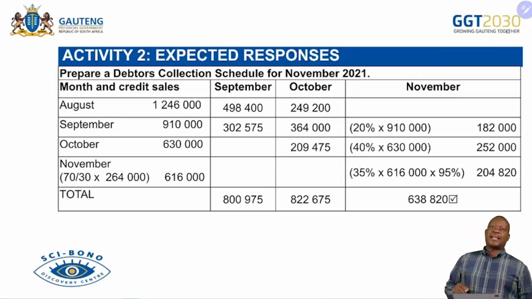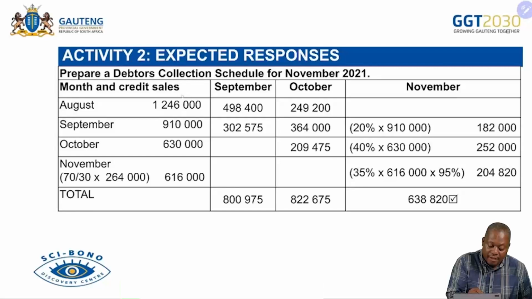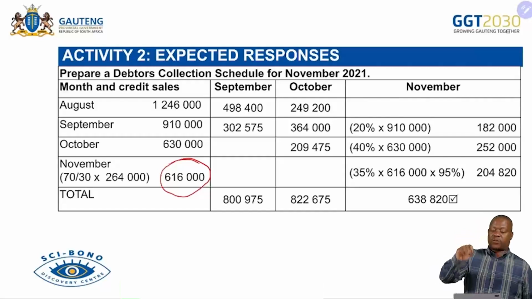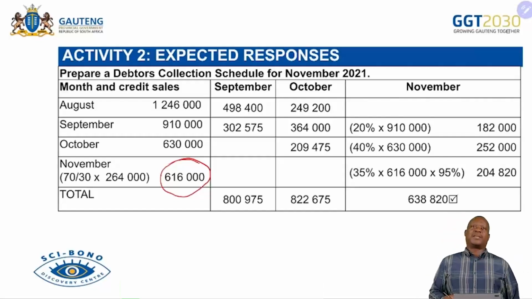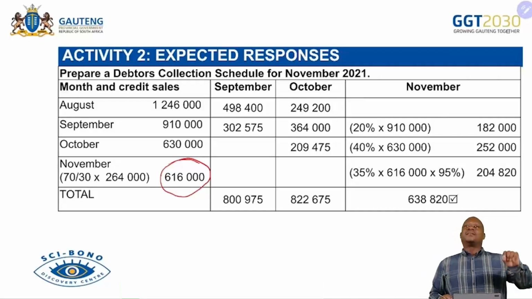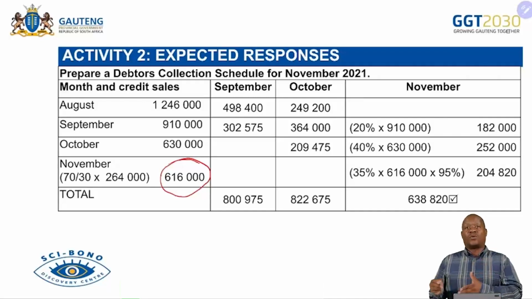Now, let's now work with the information that we are given. The first thing that they wanted us to do is to calculate the figure for credit sales. How do we get to the credit sales? Remember, the question specified to say 70% of all the sales are on credit. And we deduced that 30% is cash.